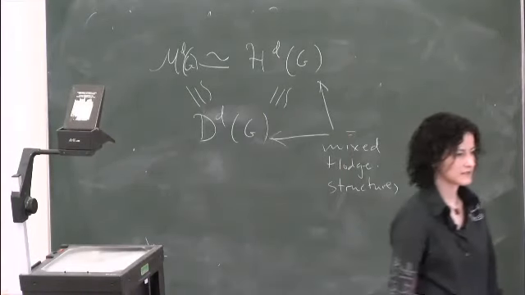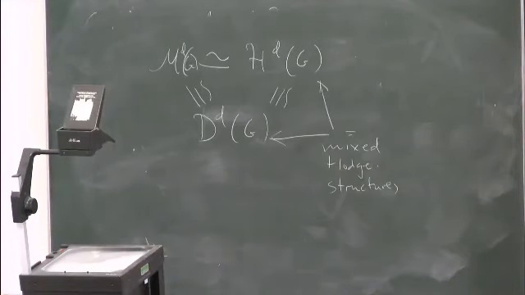So it makes sense to ask if there is also a mirror symmetry conjecture for the character varieties.